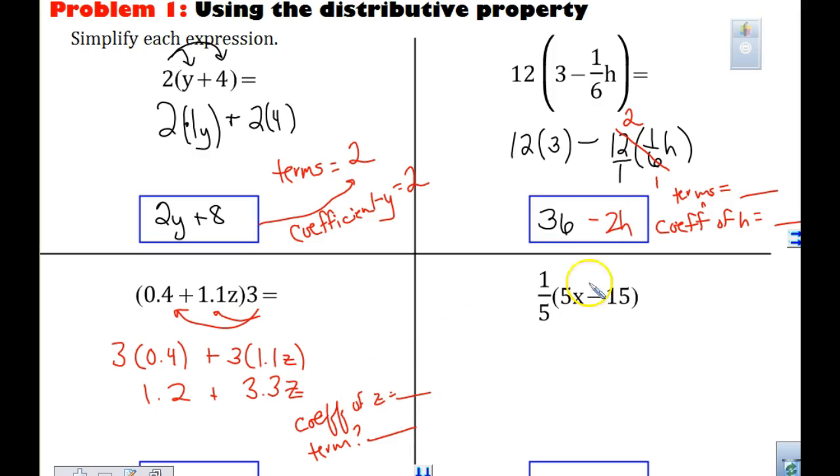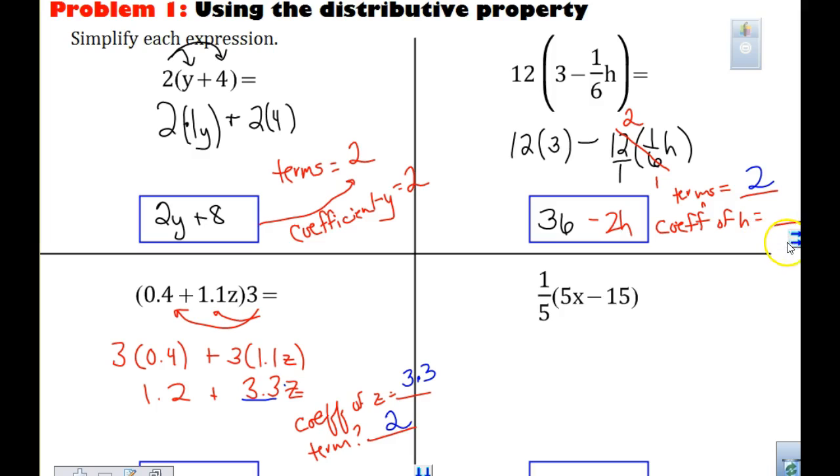Hang on. Terms are separated by addition or subtraction. So if I'm looking at terms, all the answers up to this point had how many terms? 2 terms, right? This term, the coefficient for z, happens to be 3.3, because that's what is times z. This is the one that's a little trickier.